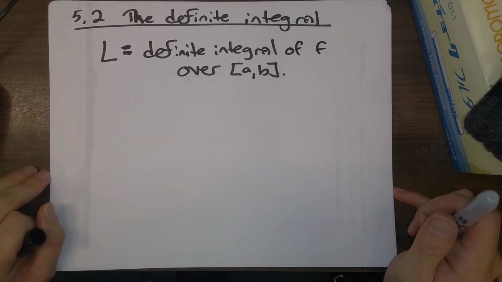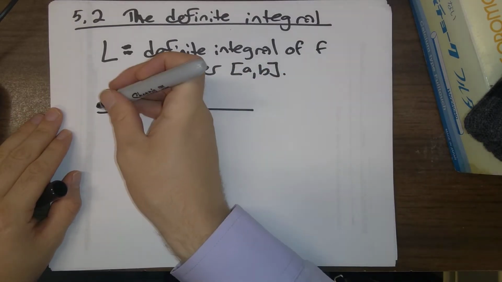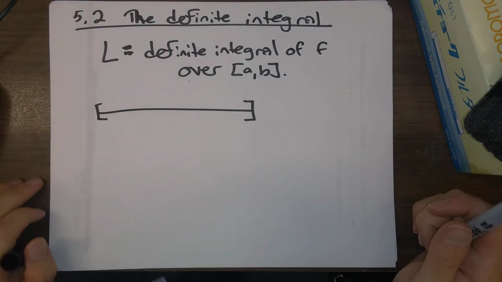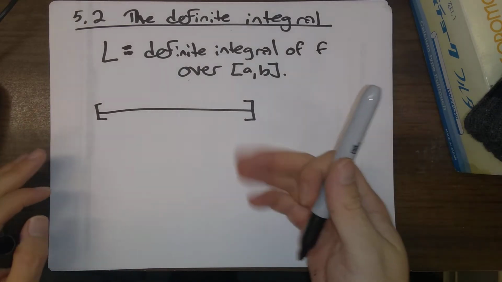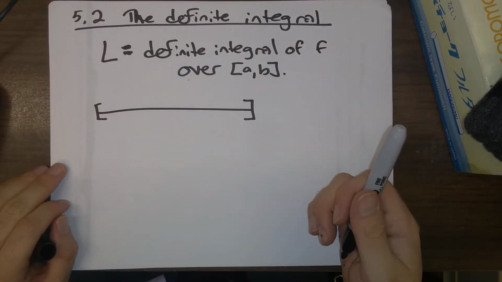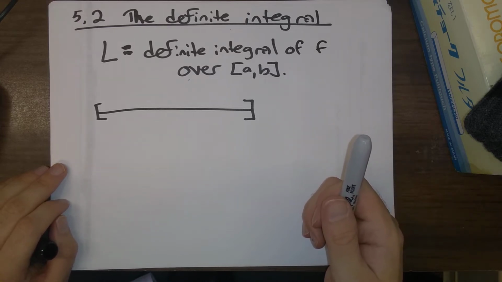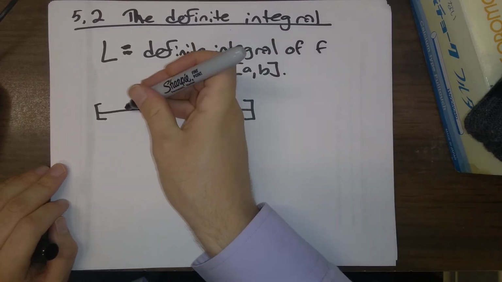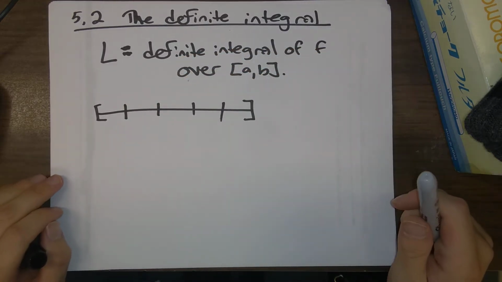Before we get there, I want to talk a little bit about how we're chopping up our intervals. In the previous section, we were assuming that whenever we chopped up the intervals that we're integrating over, a word I'm using for the first time, where we're finding the area under the curve on that interval, we're always chopping them into equal size intervals.